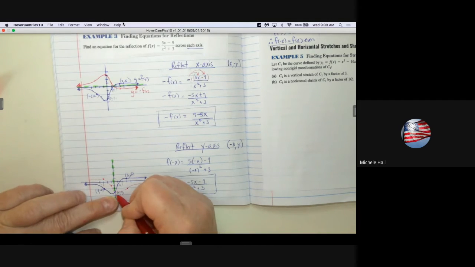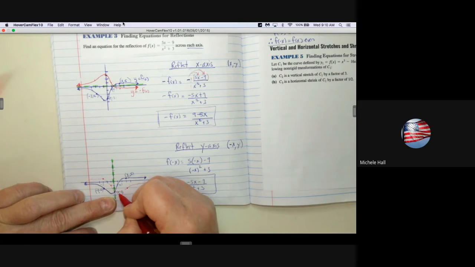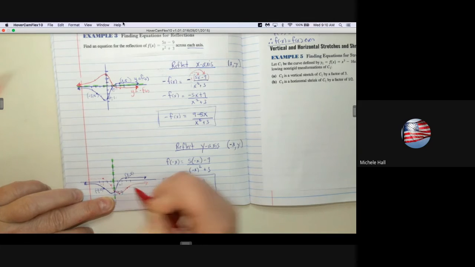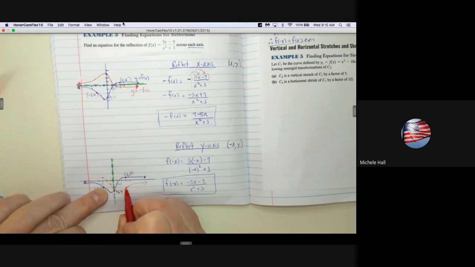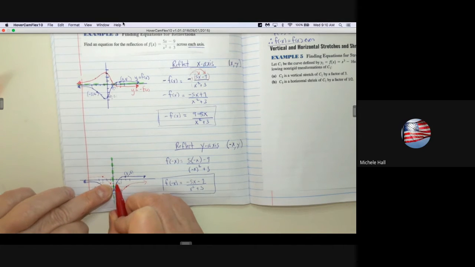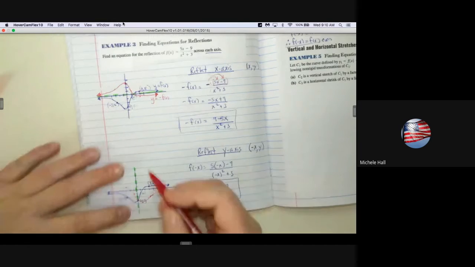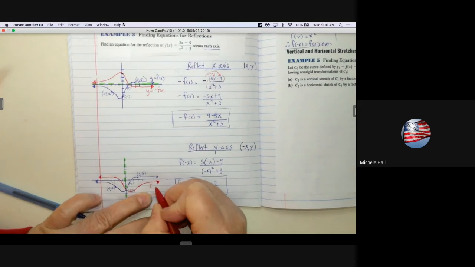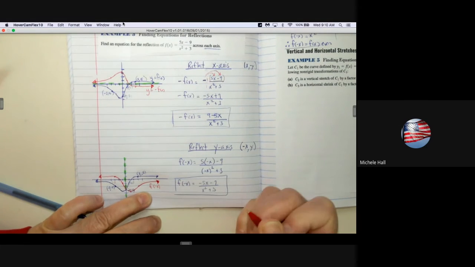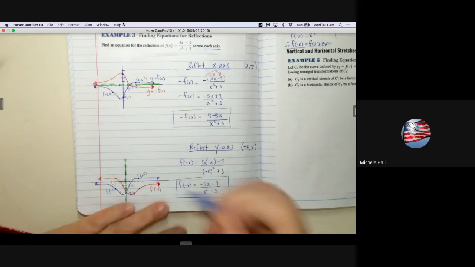Actually, I need to have a little dip down here. I had this point, so I should have this point. It should be coming down and going up. Reflecting those, reflecting these two, reflecting these two, and these two. Okay. This would be f of negative x, and this f of x.